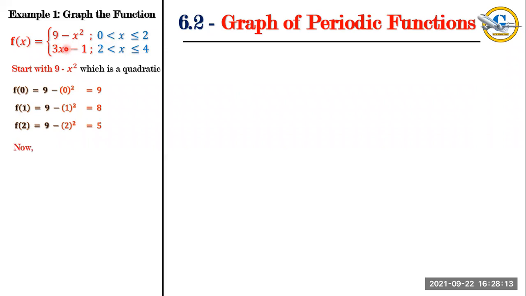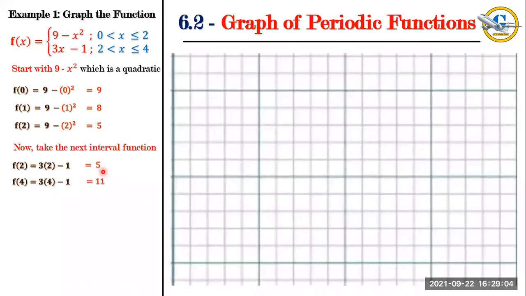Let's look. So this actually gives us 3 times 2, which is 6, minus 1, 5. So the values are the same. Then f of 4 gives us 3 times 4 minus 1, which is 11.